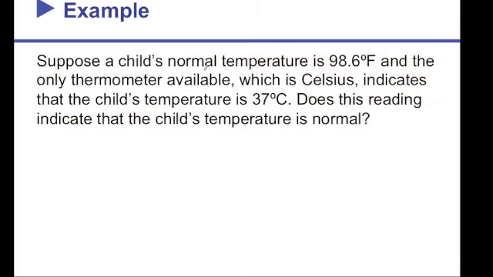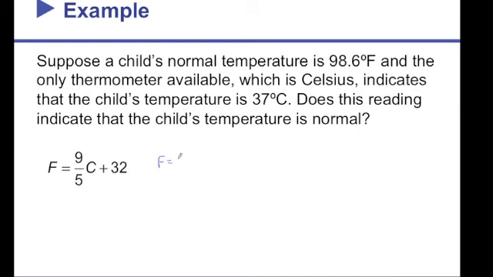Now suppose a child's normal temperature is 98.6 degrees Fahrenheit, and the only thermometer available is Celsius, and it indicates the child's temperature is 37 degrees Celsius. Does this reading indicate the child's temperature is normal? Well, first we'll use the equation we have. So we'll plug this in.